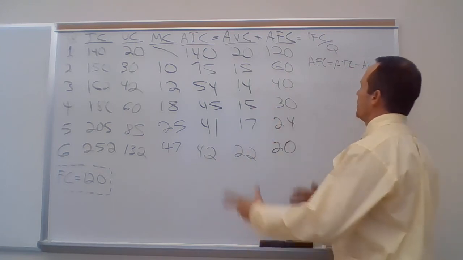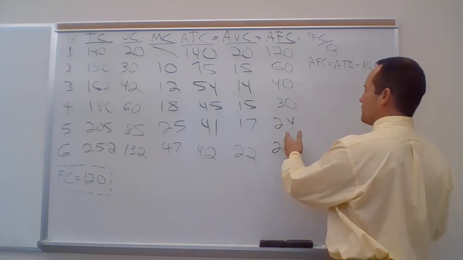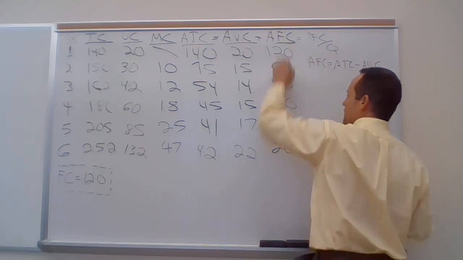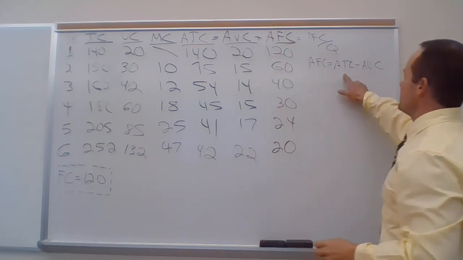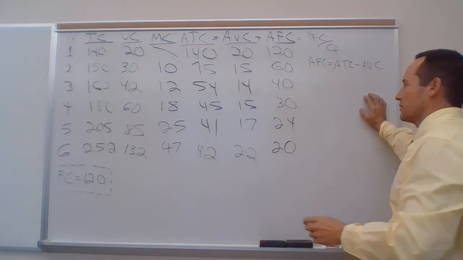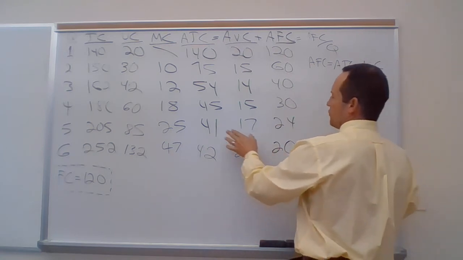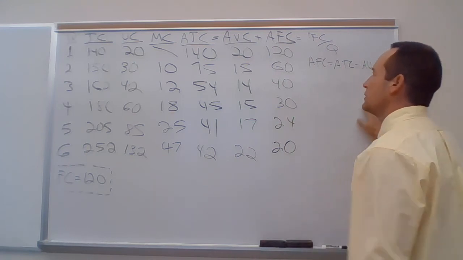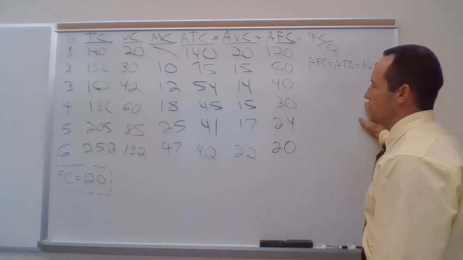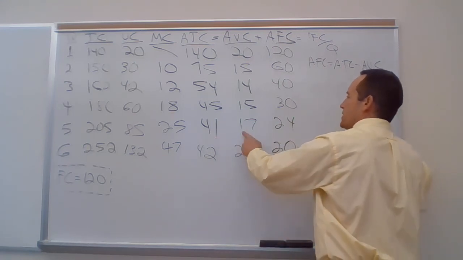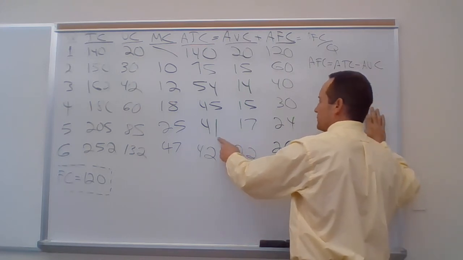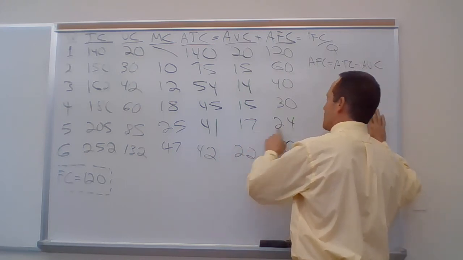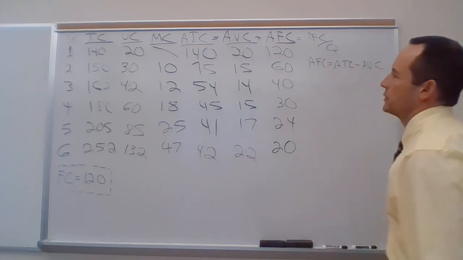It does. AFC at 5 is ATC taking out AVC. So can we say that 41 take out 17 equals 24? That we'll find out. So 41 take away 10 is 31. 31 take away 7 is 24, so it works out.